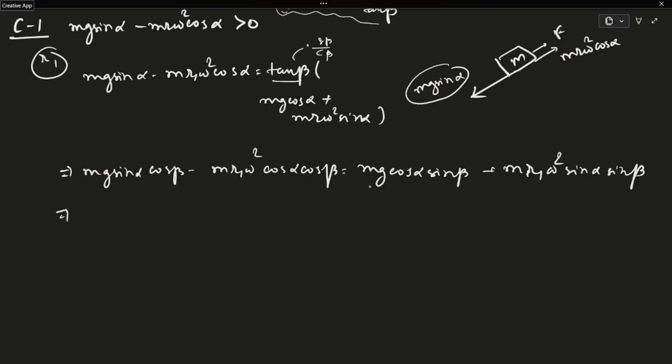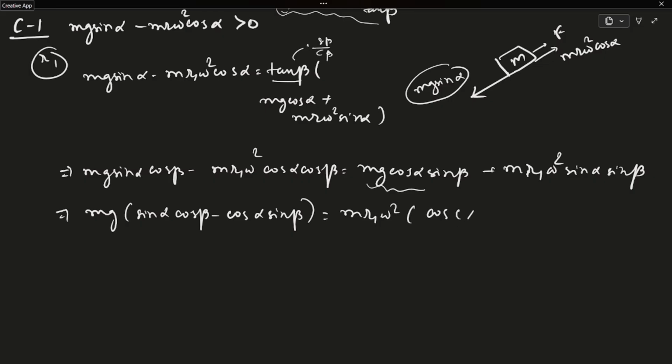Now taking the mg terms to this side and the m r1 omega square terms to the other side: mg (sin alpha cos beta minus cos alpha sin beta) equals m r1 omega square (cos alpha cos beta plus sin alpha sin beta).